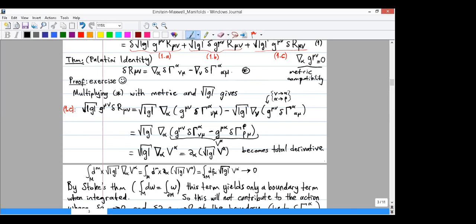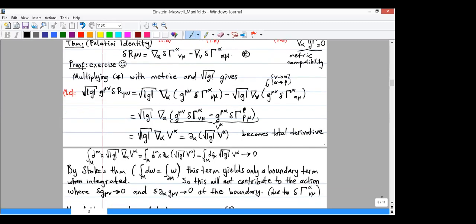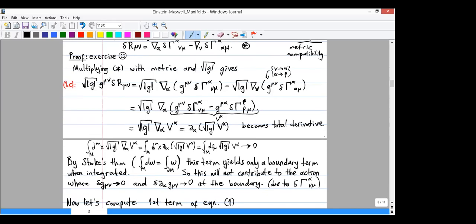Okay, so here nu is summed over, so I can change it to any other index. Here I can change alpha to rho, which is also summed over. If you make this exchange, in order to obtain covariant derivative alpha and to get under the same covariant derivative, we end up with this tensor.